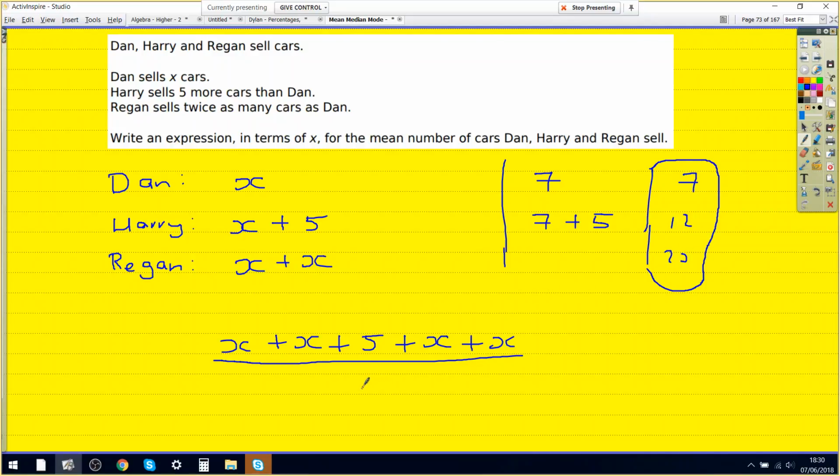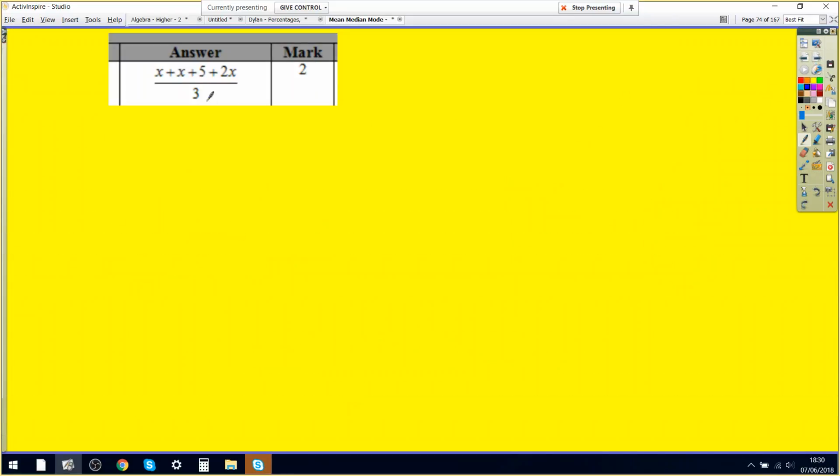I'd divide it all by 3. Yes, 3 brothers, so you're dividing by 3, even if there are lots of pluses. It's the average per person. So you can see there, X plus 5 plus 2X all over 3.